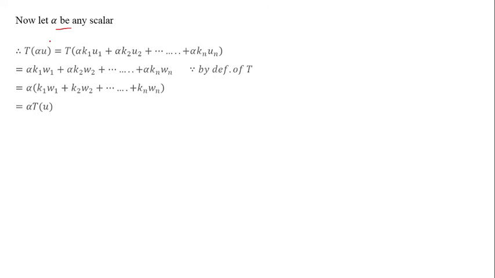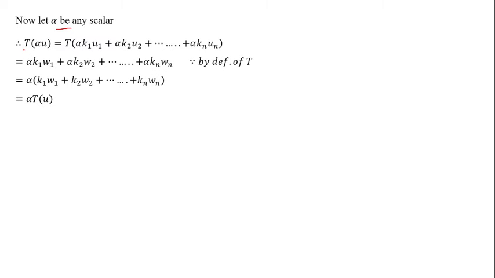Now second case, let alpha be any scalar, so you will get T of alpha u is T of alpha times whatever this k1 u1 plus k2 u2 etc. is your u. So use the definition of T here. So alpha k1 is a scalar, so alpha k1 w1 plus alpha k2 w2 plus etc. alpha kn wn.